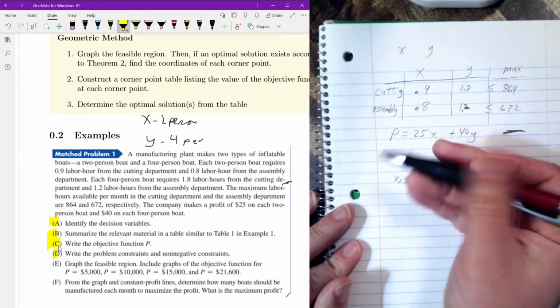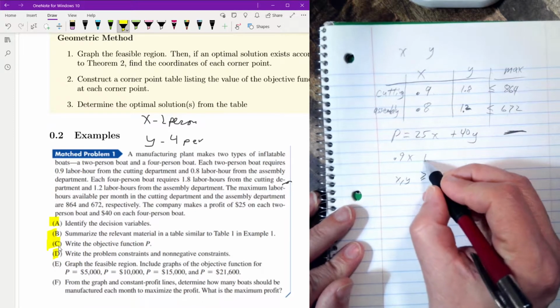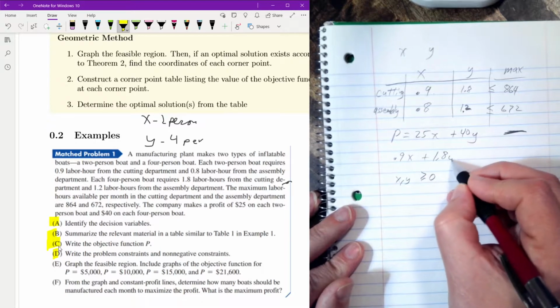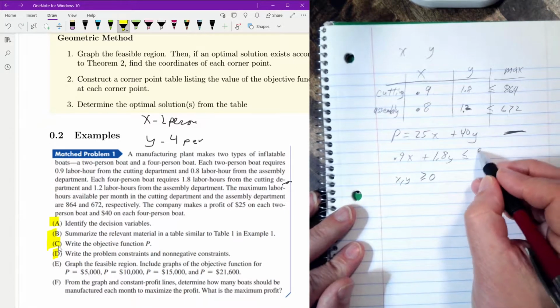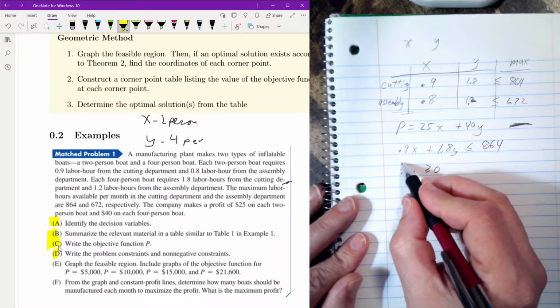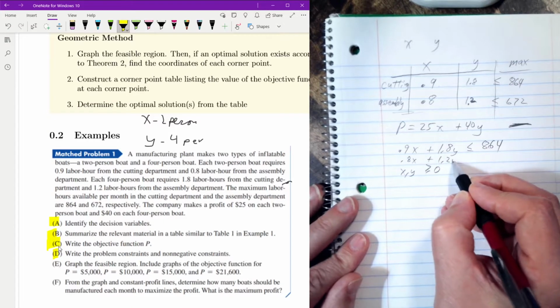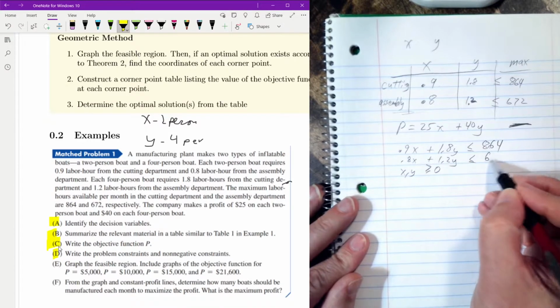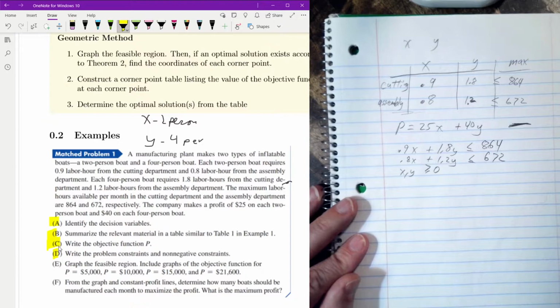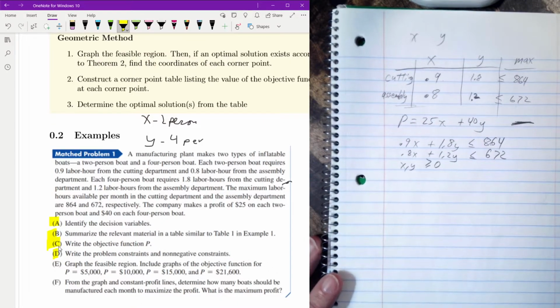So for cutting, 0.9X plus 1.8Y has to be less than or equal to 864. And for assembly, we have 0.8X plus 1.2Y less than or equal to 672. I believe that's what we need.